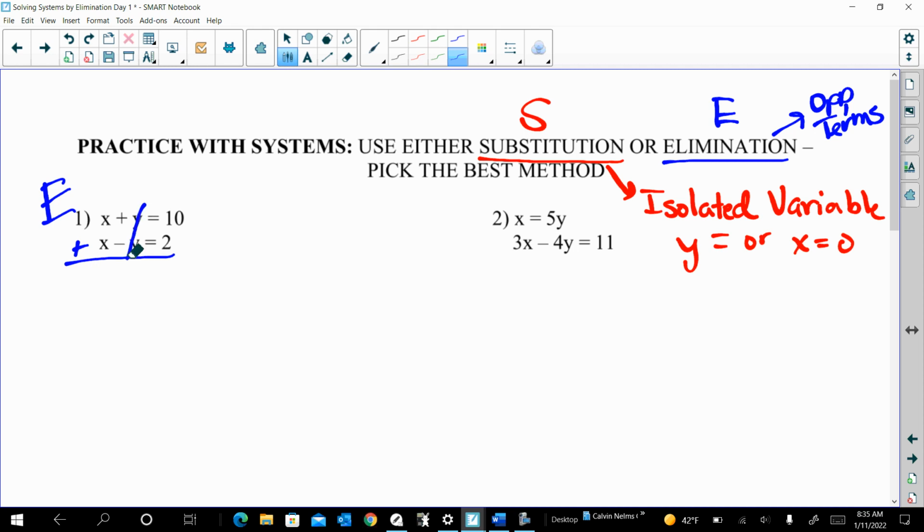All right, now number 2, what do you think is the best method? Yeah, number 2 is substitution because it has x equals. So I'm gonna circle what it equals, that 5y, and we're gonna substitute it in for the x. So use parentheses when you do substitution, and that would be 3 parentheses 5y, close the parentheses, minus 4y equals 11. And now you can solve it.